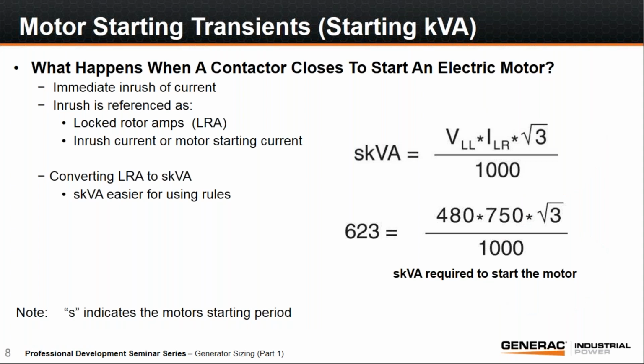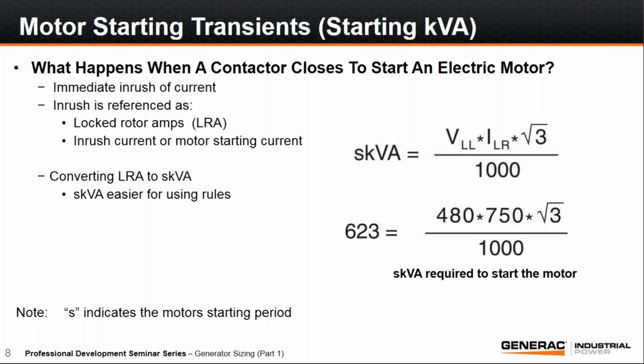So when we're trying to do our calculations, it's much more convenient to convert things into SKVA. A lot of rules of thumb work very easily once we're talking kVA. If we're talking amps, every time you change your voltage, you lose a total sense of relevance for the magnitude of the number. So first thing we like to do is take the LRA that's on the nameplate and convert it into a kVA.